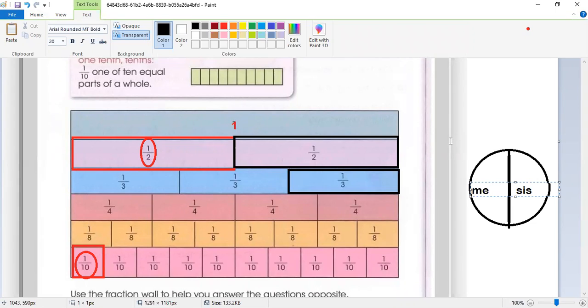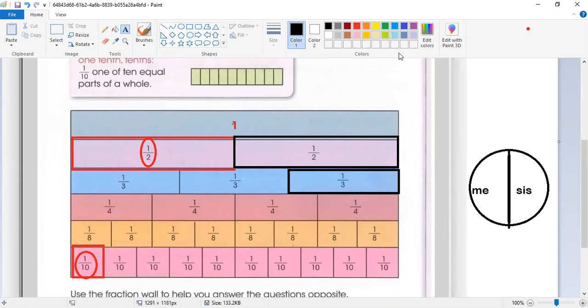Now I am dividing a piece of cake with my brother also. See here, let's divide. For example, this is a cake, a triangle cake. Now you are dividing the cake into 4 pieces.